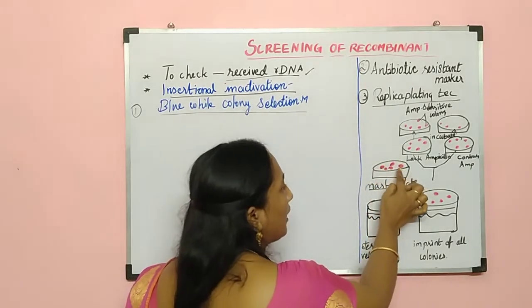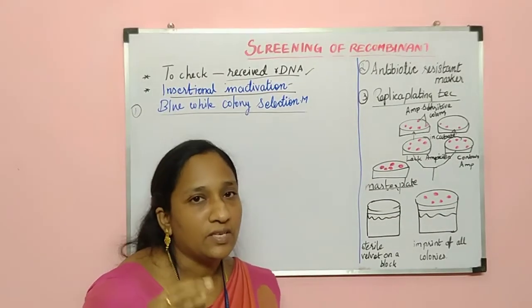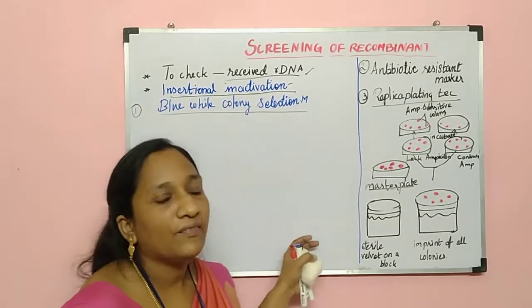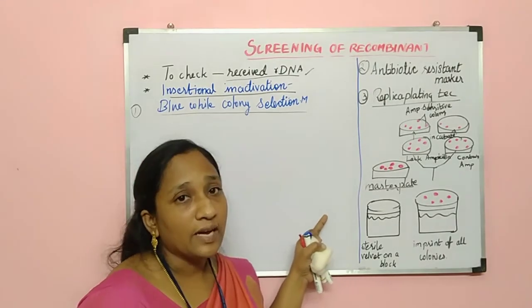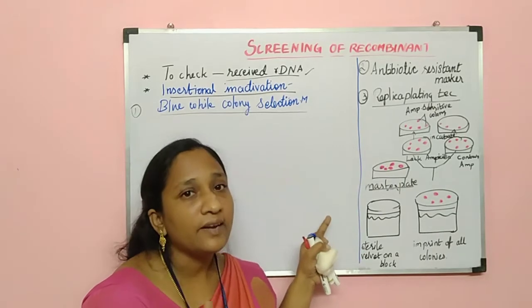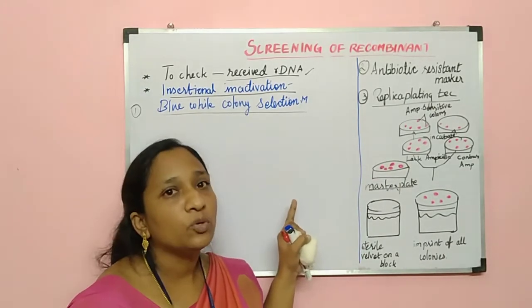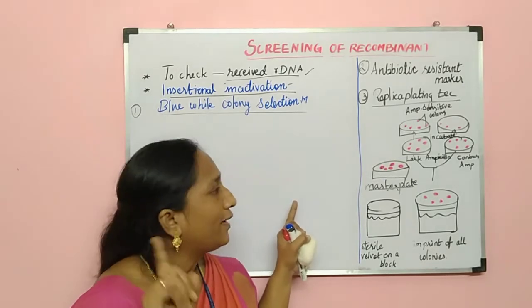In this colony, some will have ampicillin resistant bacteria and some will not. Now we are going to find out which has the ampicillin resistance and which does not. This is a technique to detect whether it has the foreign DNA or not.